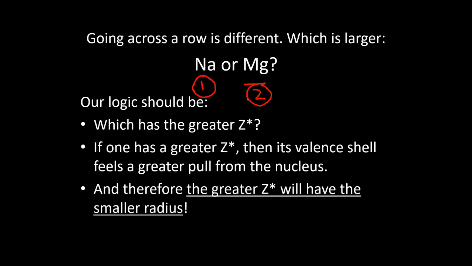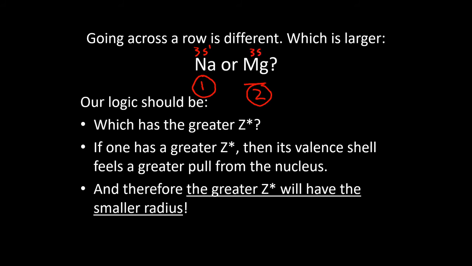What this means is that when we go from sodium to magnesium, we're not putting electrons into a different shell. Sodium, if I remember correctly, that's going into the 3s. Yes, so this would be 3s1. That's the last electron to go into sodium.